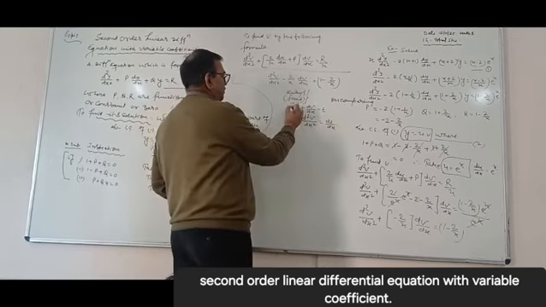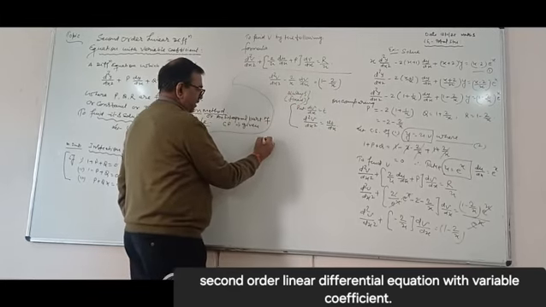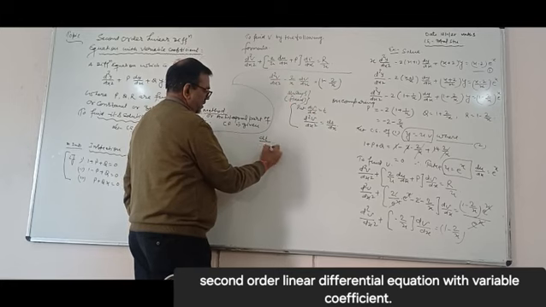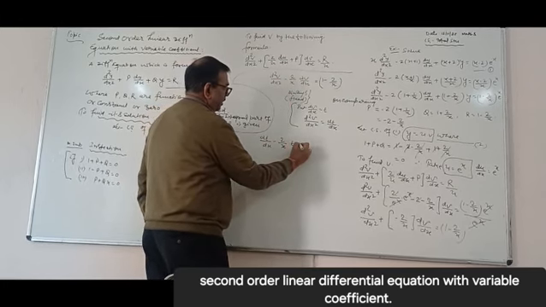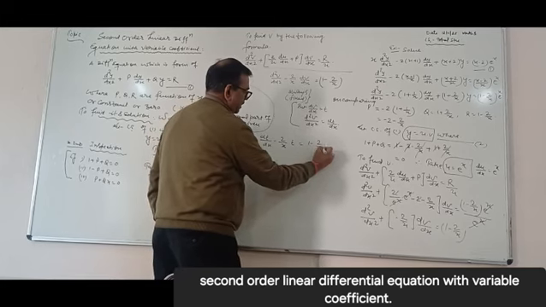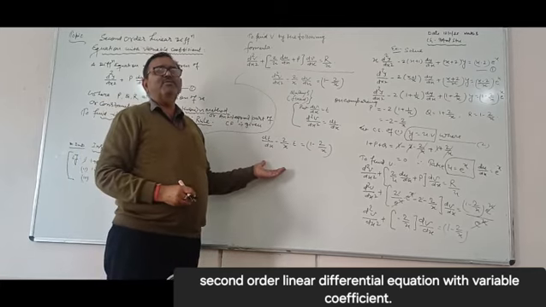Putting all these values in this equation, it becomes dt/dx − (2/x)t = 1 − 2x, which is a linear differential equation.